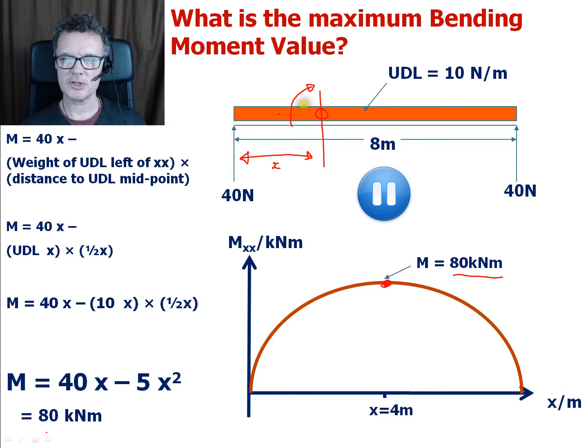So if this was just a cantilever of total weight, it would be 80 times 4. So that would give me 160 kilonewton meters. Actually, I've written kilo there. There's no kilos here, is there? So that's a bit of a mistake there.